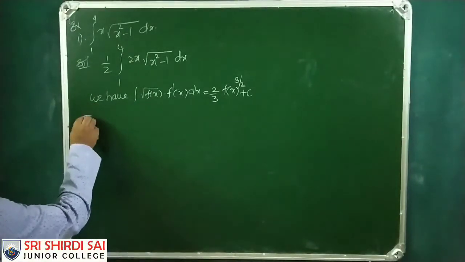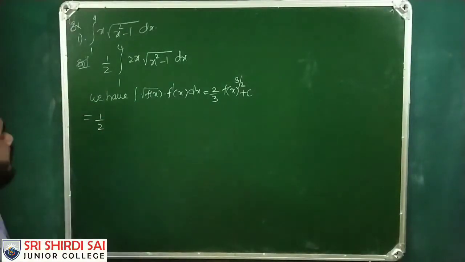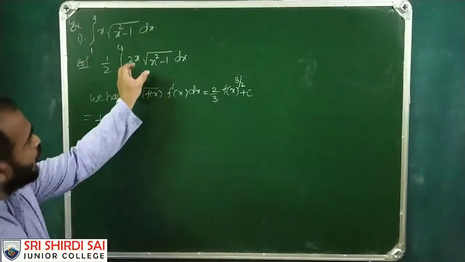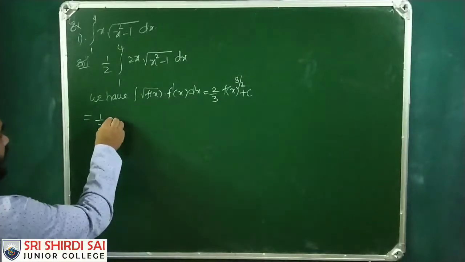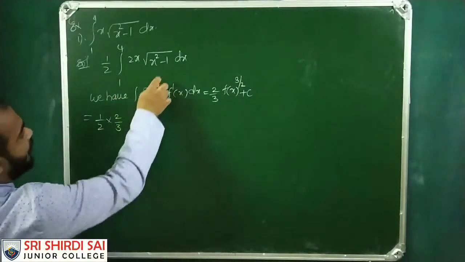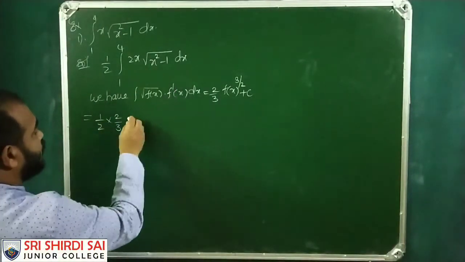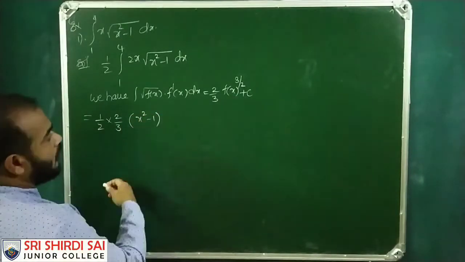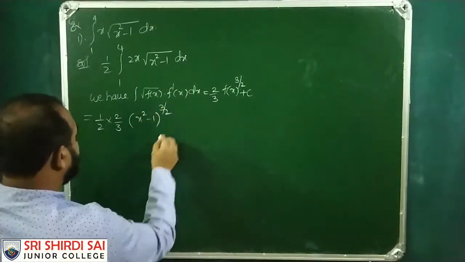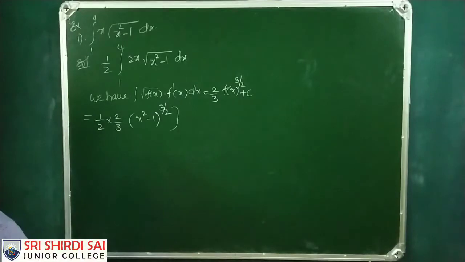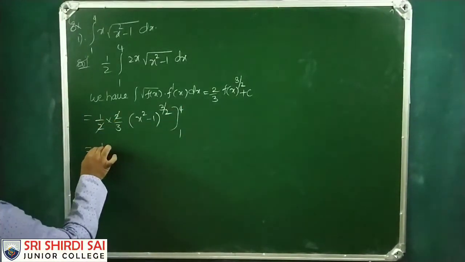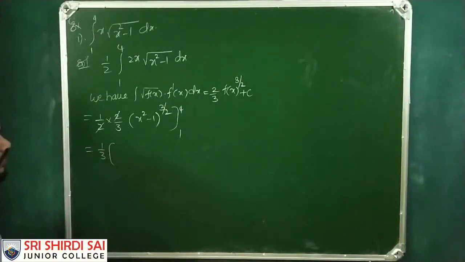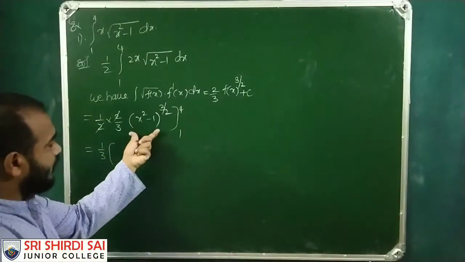So that is equals to 1 by 2 into the integral of root f of x into f dash x dx, which is 2 by 3. What is f of x here? x square minus 1 whole power 3 by 2. Since the process is over, 1 to 4 is to be written here. 2 gets cancelled, 1 by 3 into x square minus 1 whole power 3 by 2.